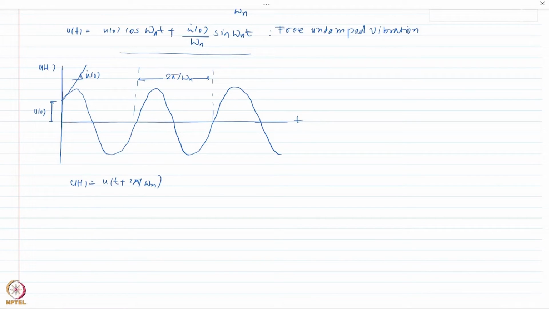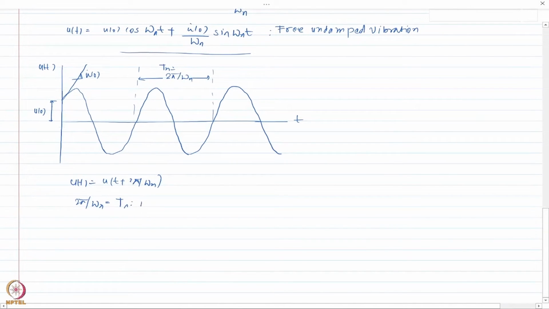Now this quantity, 2 pi by omega n, the time after which it repeats itself, is called the natural time period of the system.